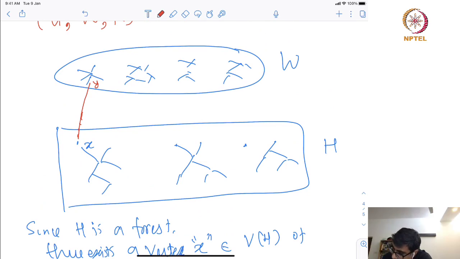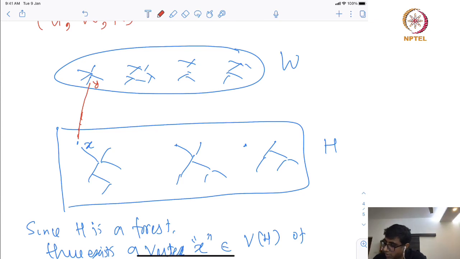If this is how it looks, then why did we not apply reduction rule 3, which takes care of these kinds of degree 2 vertices? That is because X has at least one more neighbor, somewhere.